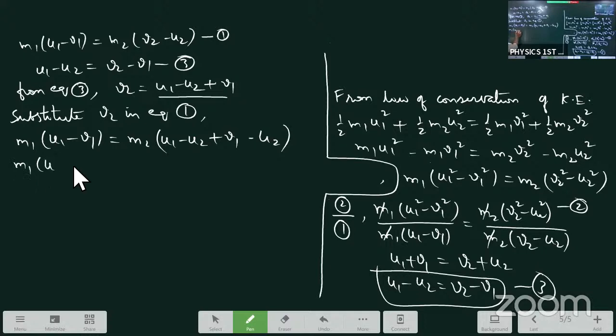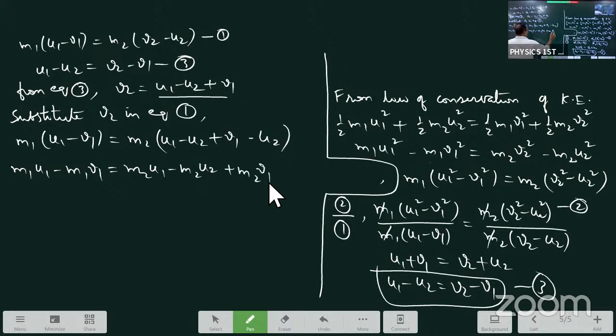M1 (U1 minus V1) is equal to M2. You split it, otherwise I will go for multiplication of all the values. That is M1 U1 minus M1 V1 is equal to M2 U1 minus M2 U2 plus M2 V1 minus M2 U2.